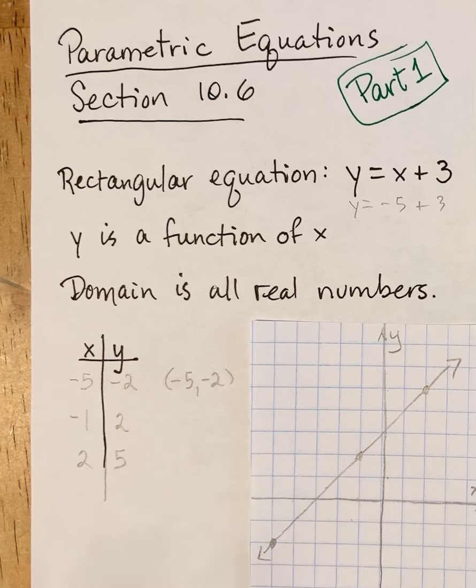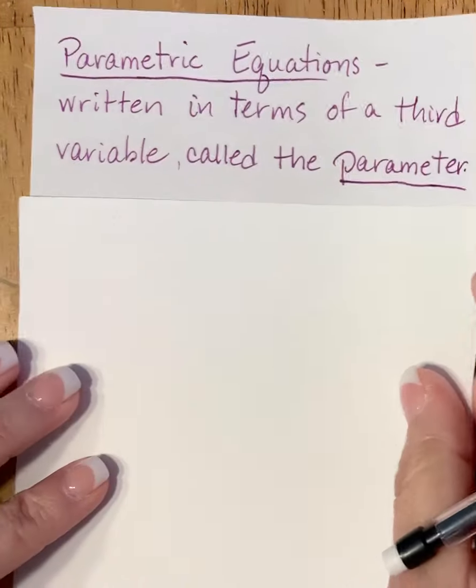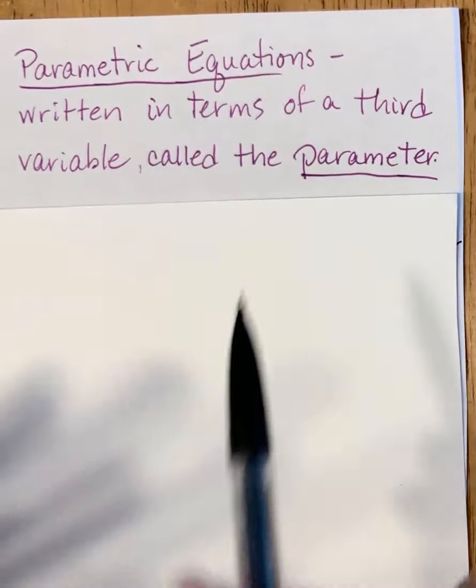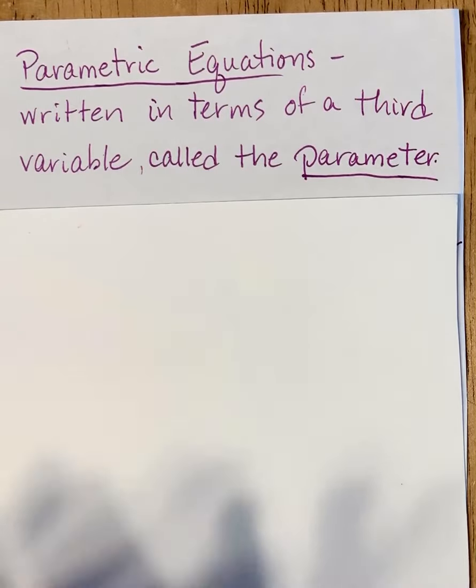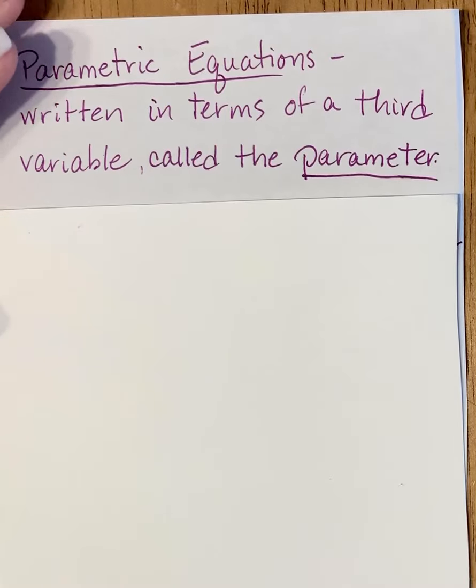Now, let's look at a parametric equation. Parametric equations, you would usually have two of them in 2 dimensions. And what they are is they're written in terms of a third variable, which is called the parameter.